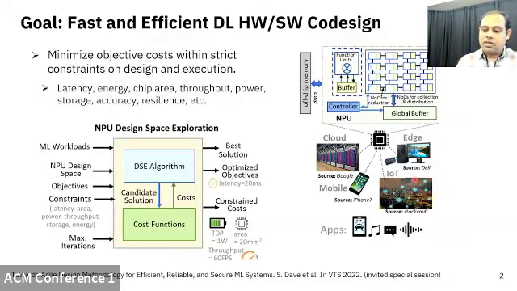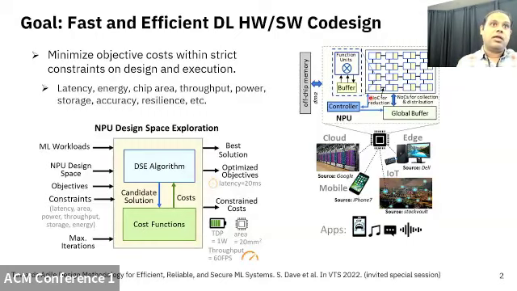For example, if we consider the TPU or Eyeriss chip from MIT or any other accelerator architecture templates, there could be 10 to the power of 14 or 20 hardware configurations. And for each hardware configuration, there needs to be a mapping of one or more machine learning workloads.